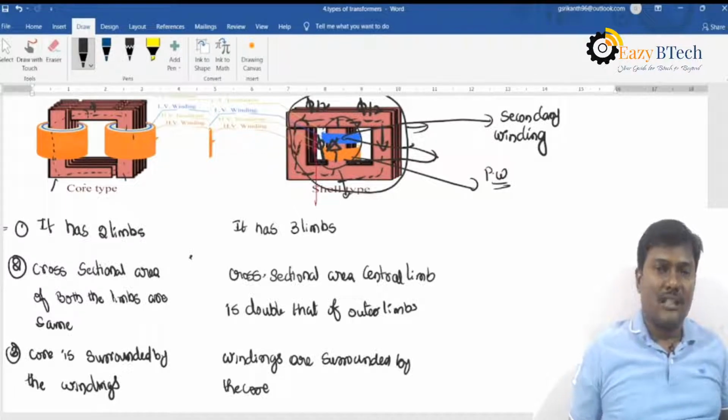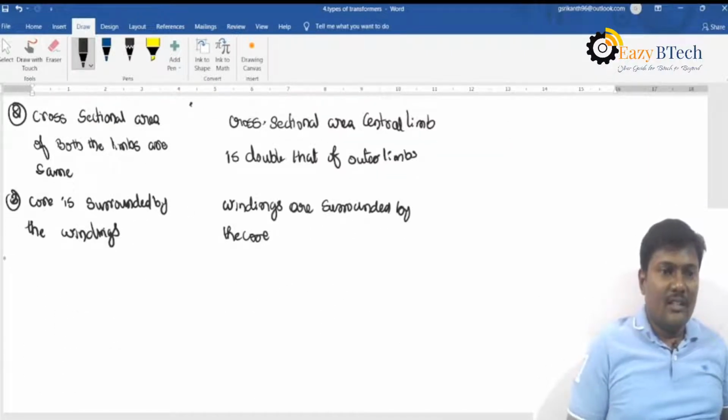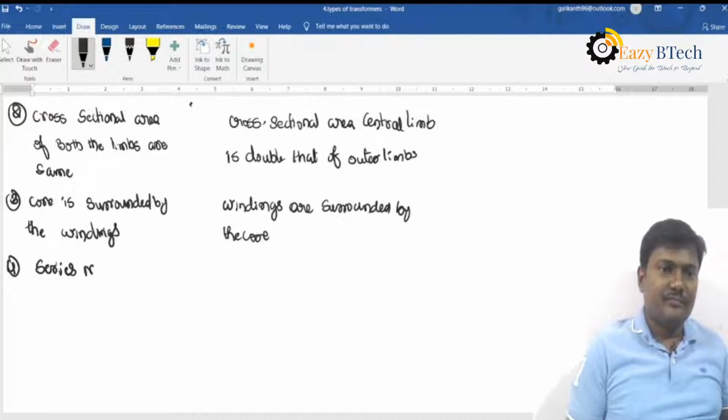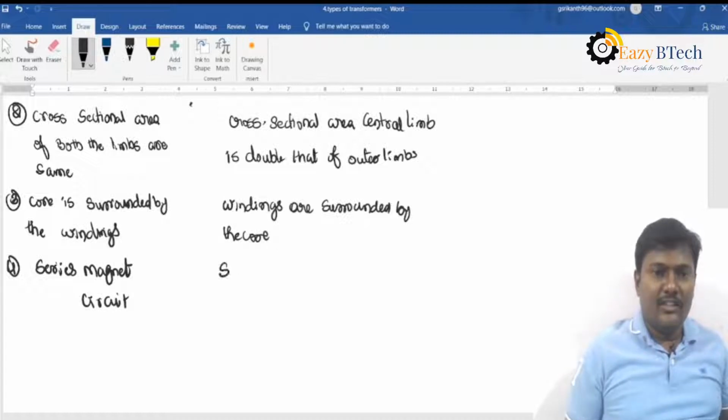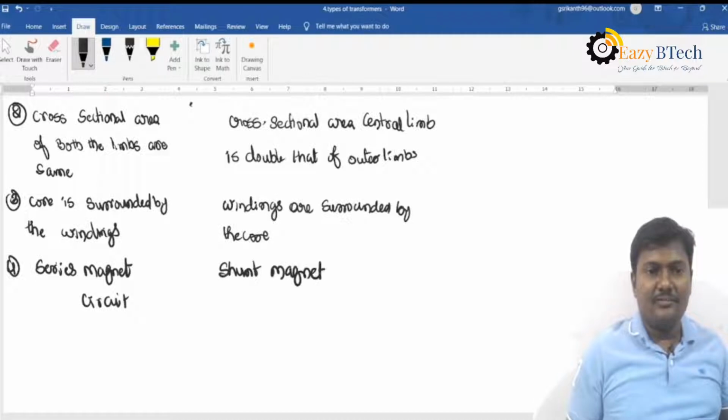This is the flux direction. So we can say that the core type is a series magnetic circuit, and the shell type is a shunt magnetic circuit, that means a parallel magnetic circuit.